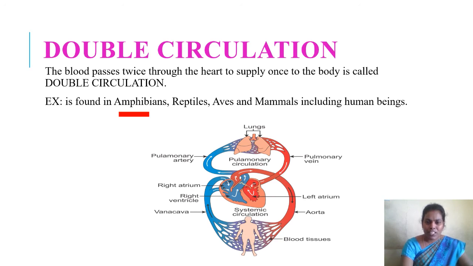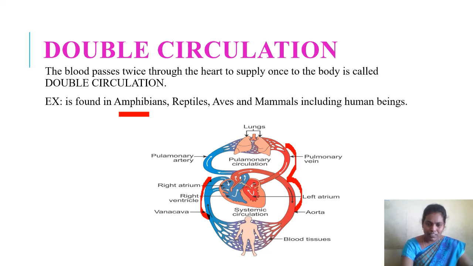You can observe here the diagrammatic representation of how double circulation takes place. The blue color part represents deoxygenated blood flow, and the red color blood vessels represent oxygenated blood flow inside the body, from heart to lungs, and from there again to the heart, and from there to all body parts.